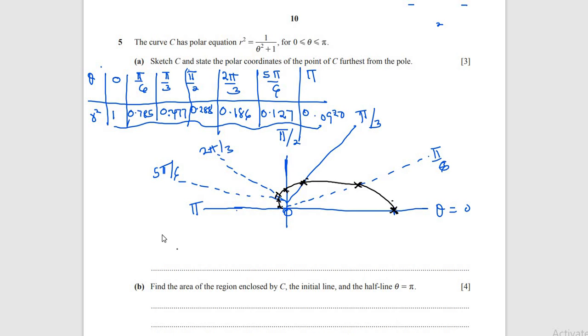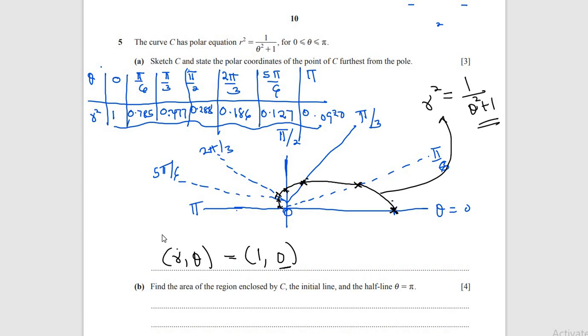Furthest from the pole is the initial value. So furthest from the pole is the initial value, r, theta. The radius is 1, the first value, and theta at the point is 0. That's it. This is the graph of r squared equal to 1 over theta squared plus 1. You need to convert it to square root because the equation is in the form of r squared. Let's do it like that.